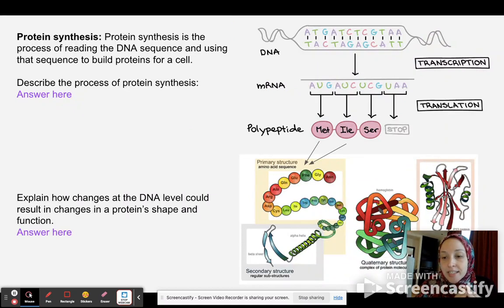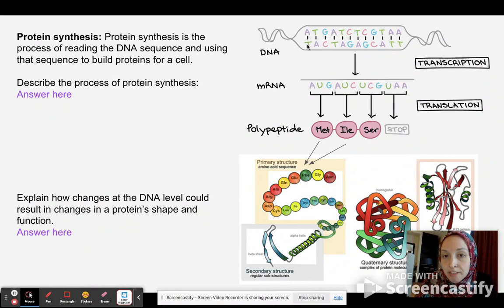Protein synthesis is the process of going from DNA to a protein. The first step of protein synthesis is to make an mRNA copy of the DNA. This is a complementary copy. So if my DNA is TAC, then my mRNA is going to be complementary to that.